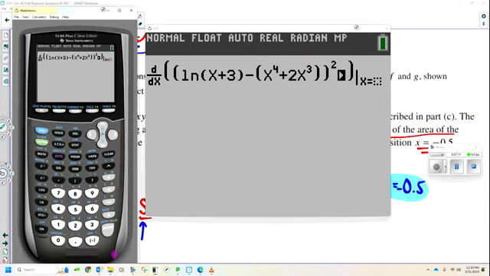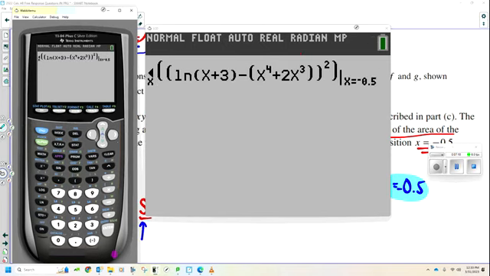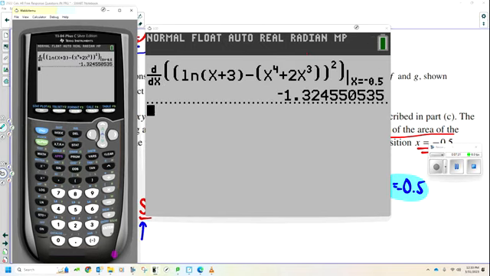This is the equation of the area. I want that at negative 0.5 for my x value. There you go: negative 1.3245, whatever. Let's call that negative 1.325.